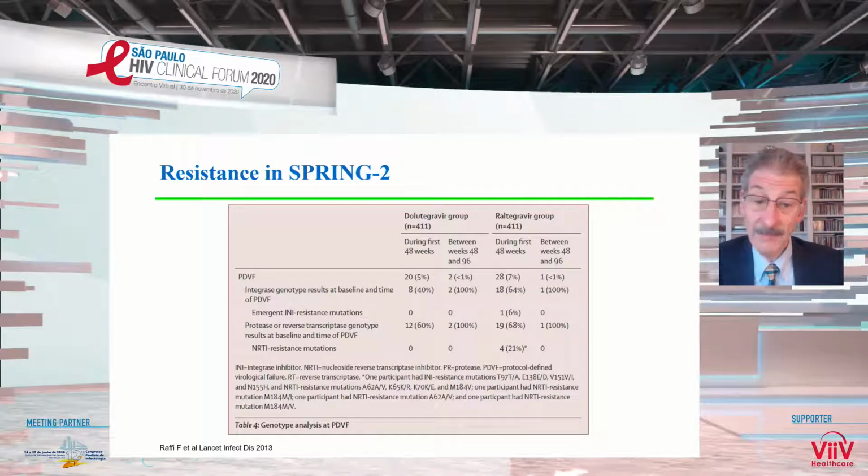Now, the SPRING study compared raltegravir to dolutegravir, and again, we see that there was resistance that emerged in the raltegravir group, whereas there was no resistance in the dolutegravir group, this second-generation integrase inhibitor.